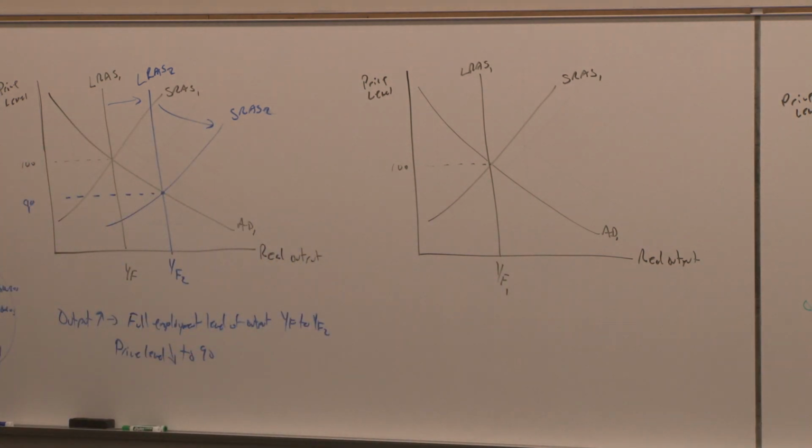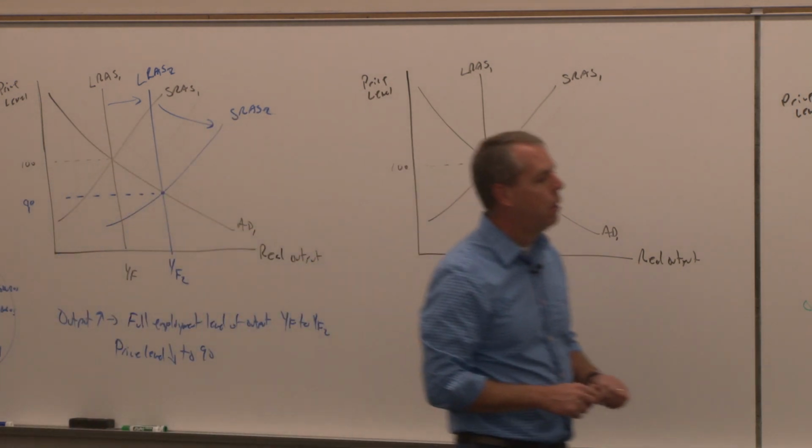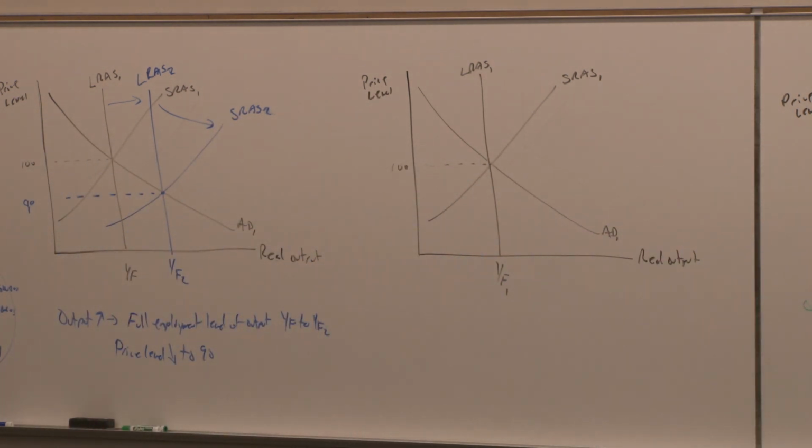Right. So we have some full employment level of output, we have some price level. And typically what we've been seeing happening, we saw this when we were talking about the business cycle, where we had time here and we had real output.